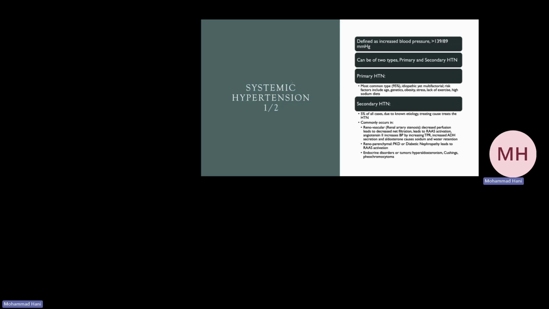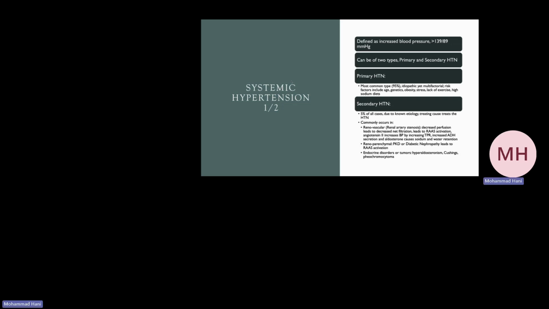And what angiotensin 2 does is two things. It is a vasoconstrictor, so it basically increases the total peripheral resistance, which causes an increase in blood pressure, and it also promotes secretion of aldosterone. Aldosterone is a hormone governing sodium and water.